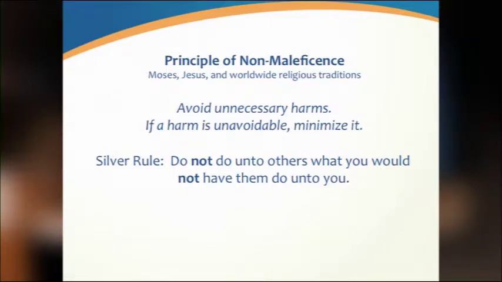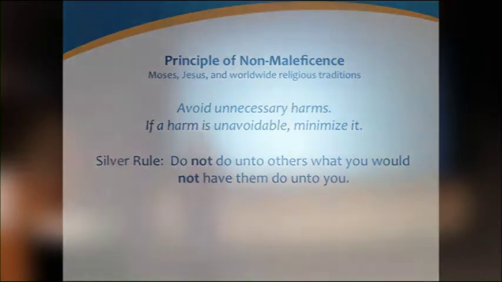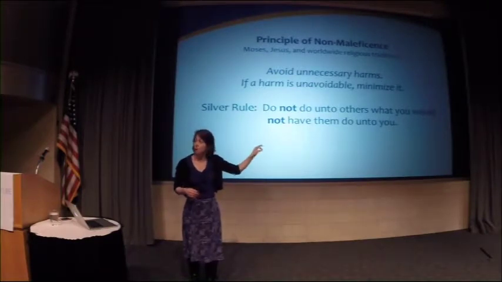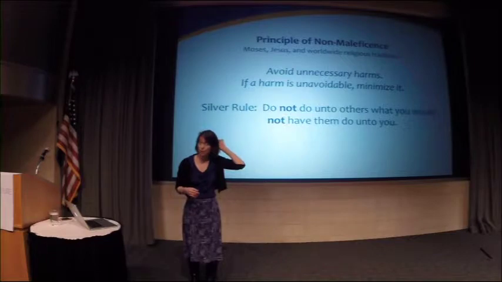And this originated in Moses and Jesus, and interestingly, every major worldwide religious tradition has some form of this principle in its laws, in its rules. Do no harm. Another way of stating it is avoid unnecessary harms. And if a harm is necessary, if it's unavoidable, minimize it as much as possible. Why? Why should I do that? Because human persons are intrinsically valuable, infinitely valuable.